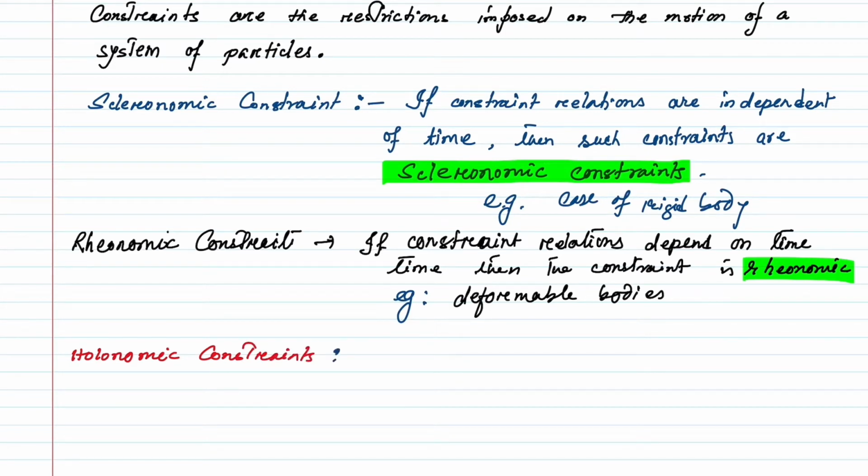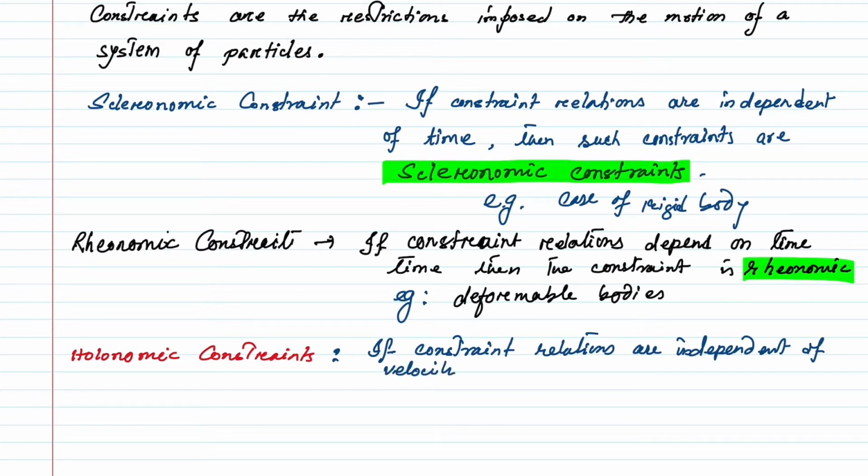So holonomic, if the constraint relations are independent of velocity, then such a constraint is called holonomic.